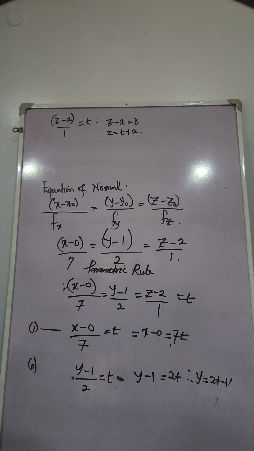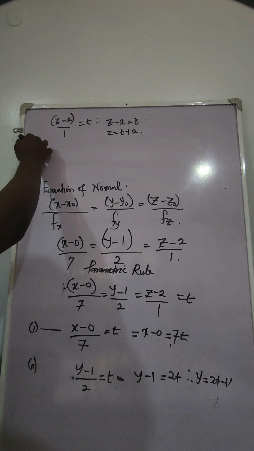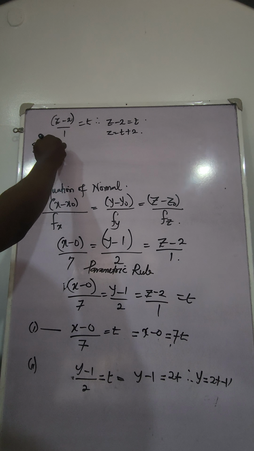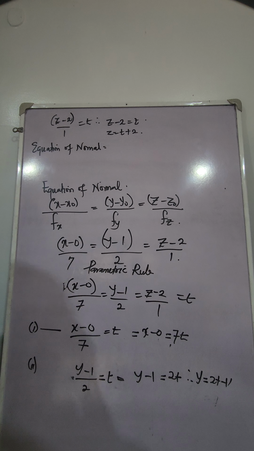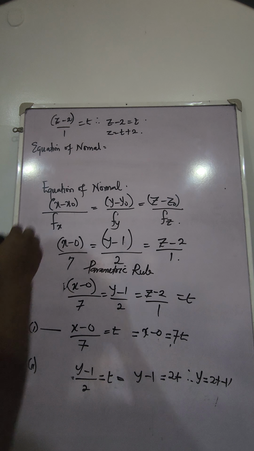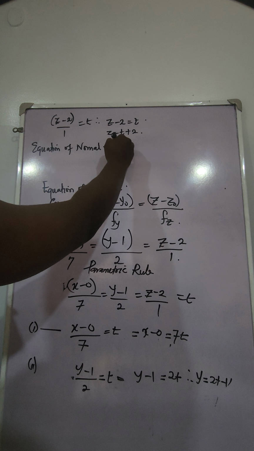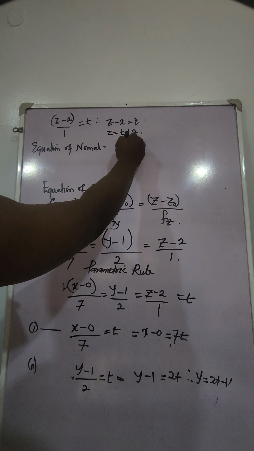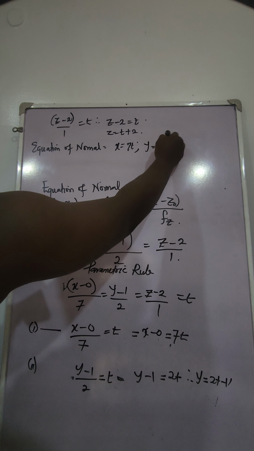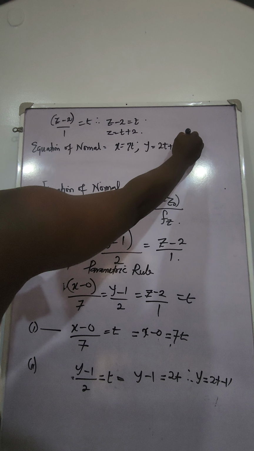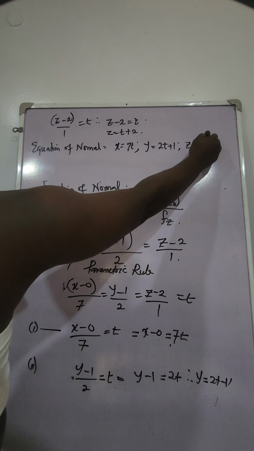So in other words, those are the equations of the normal. So the equation of normal is x equals 7t, y equals 2t plus 1, z equals t plus 2.